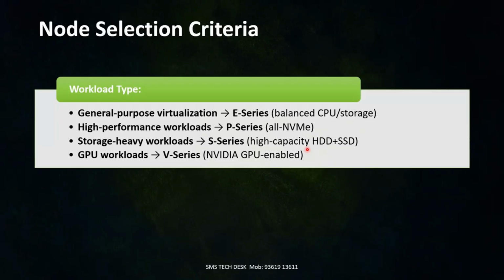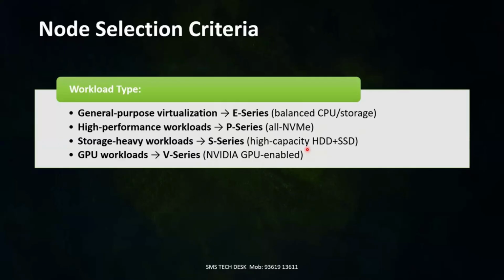For high performance workloads, especially database servers, you can go for P series. When storage is the primary requirement, for storage heavy workloads, you can go for S series. For GPU workloads, like AutoCAD 3D or developing games, you can go for V series, which is NVIDIA GPU enabled.